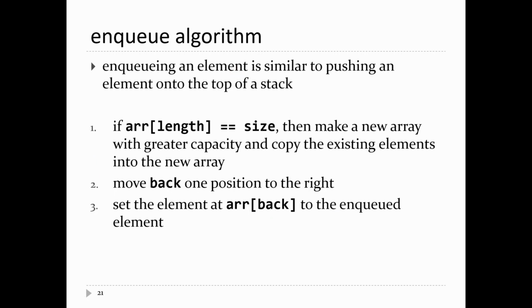To enqueue an element is exactly the same as pushing an element onto a stack. If you're out of room in the array, you have to make a bigger array and copy the array into the new array. Otherwise, if there is room in the array, you just move back one position to the right, and you set the element at back to the enqueued element. Remember, in a queue, everything happens at the back of the queue.